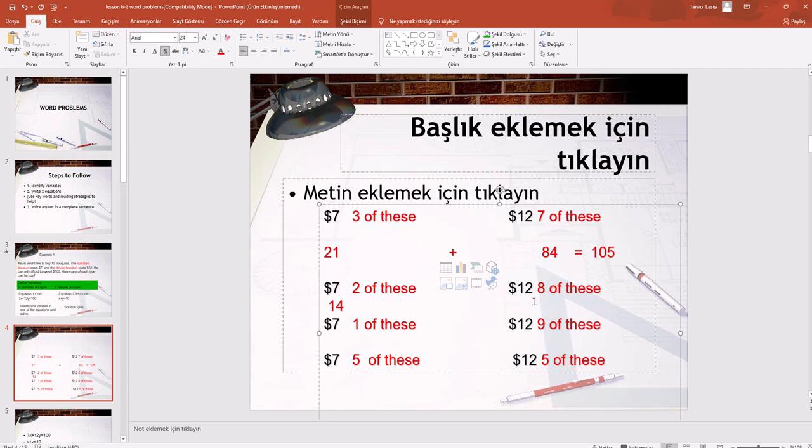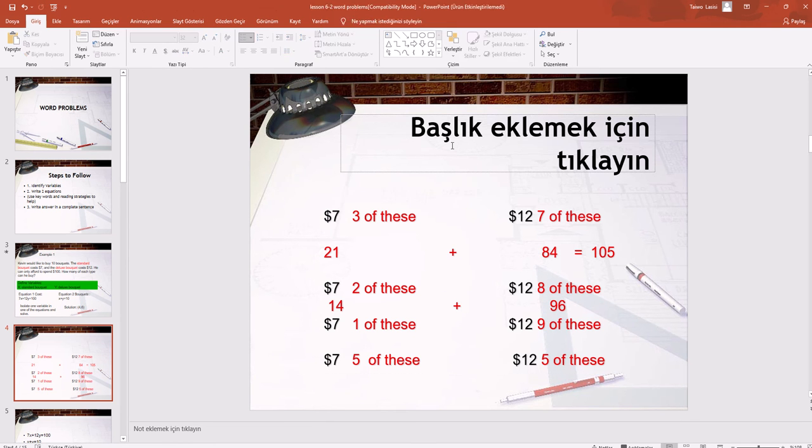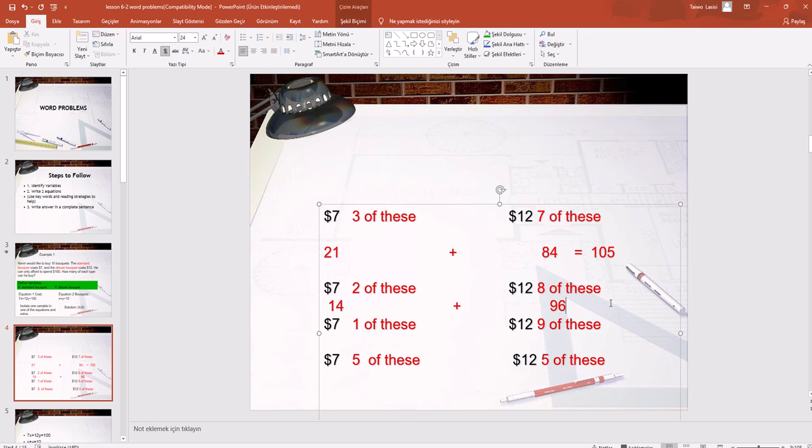And how much is this? 96. Okay, this is 96. I put a plus. What is the total? 110. It's more than my money. It's expensive for me. I don't have that much money.